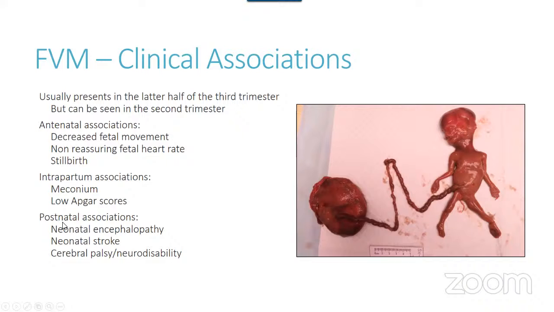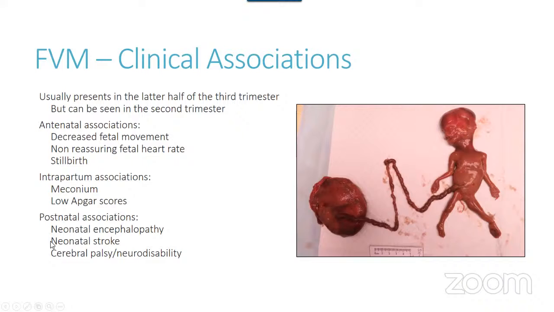Finally, among postnatal associations, and this is really one of the key things that makes there be interest in this topic, particularly among our clinical colleagues, there is an increased risk for CNS disorders, including neonatal encephalopathy, neonatal stroke, cerebral palsy, and neurodisability.